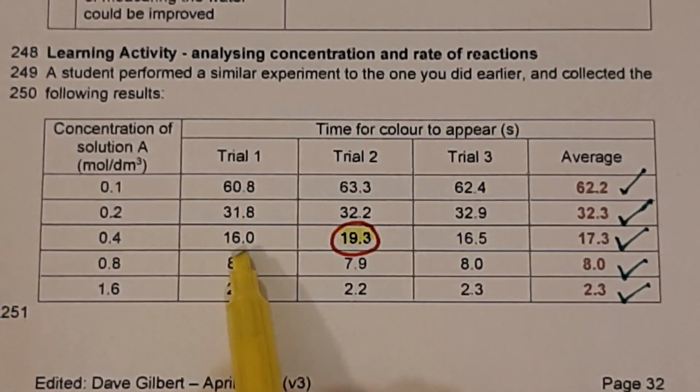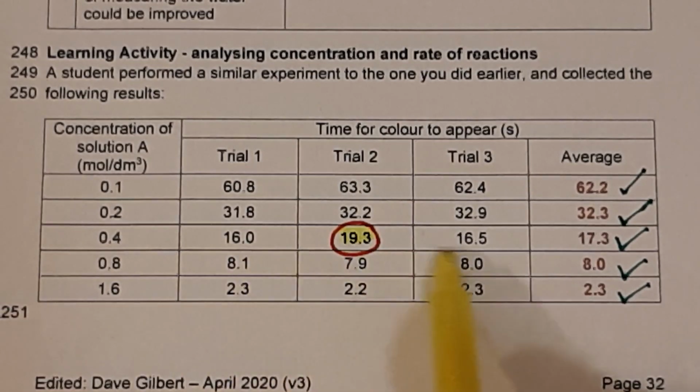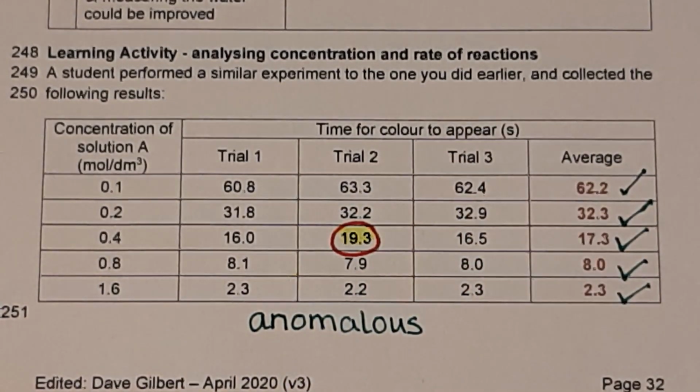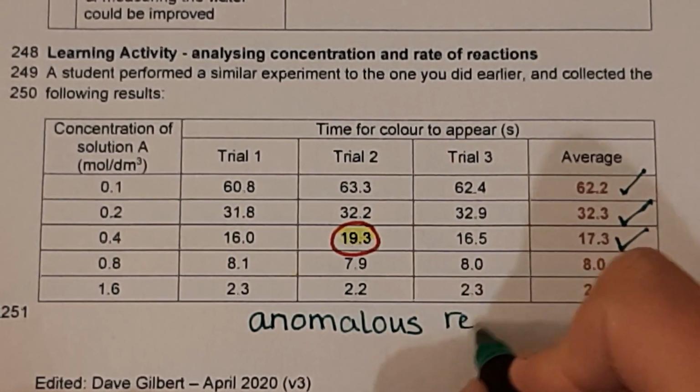In trial 1 at 0.4 moles per decimetre cubed concentration, it only took 16 seconds, and trial 3 took 16.5 seconds. But this trial here took 19.3, which is a lot longer than the other 2. In fact, this is the odd one out. This is what we call an anomalous result.